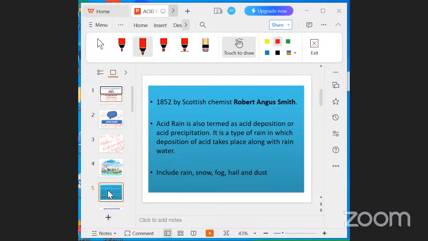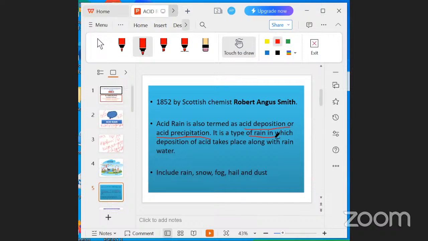So what is acid rain? Acid rain is also termed acid deposition or acid precipitation. It is a type of rain in which deposition of acid takes place along with rainwater.